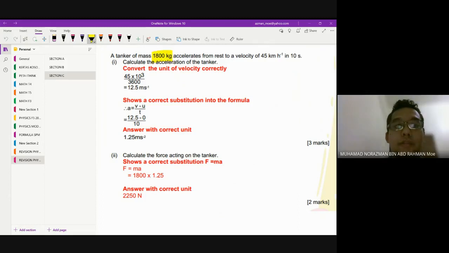A tanker of mass 1800 kilogram accelerates from rest to a velocity of 45 km per hour in 10 seconds. Calculate the acceleration.